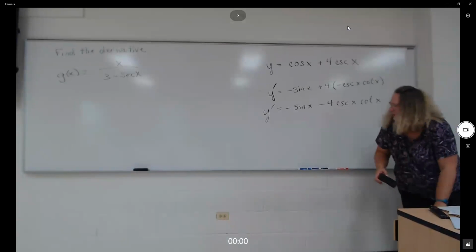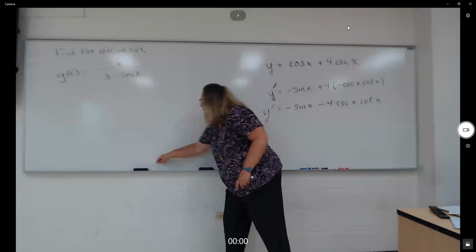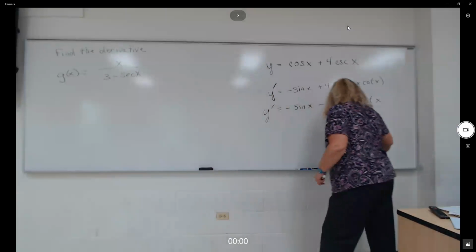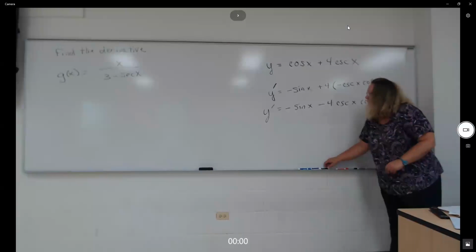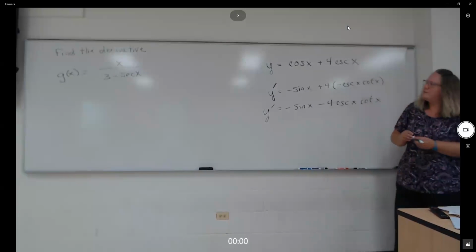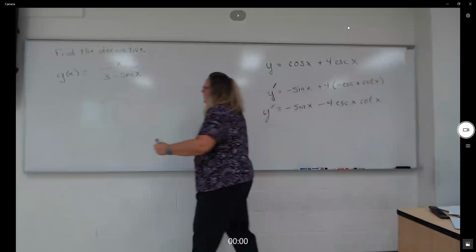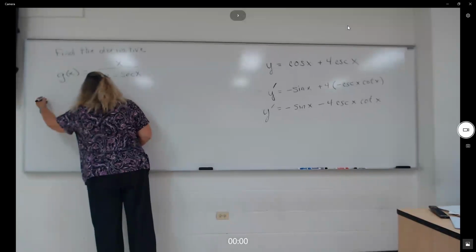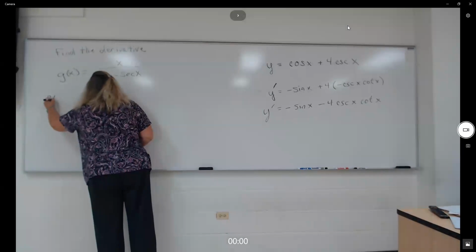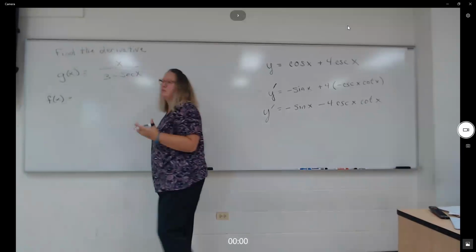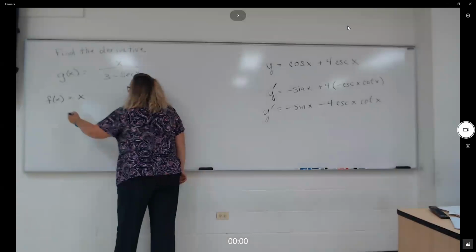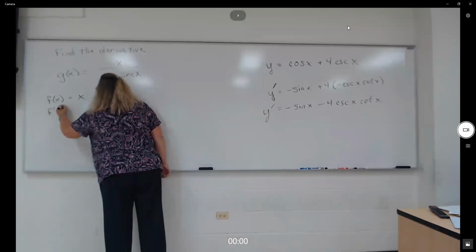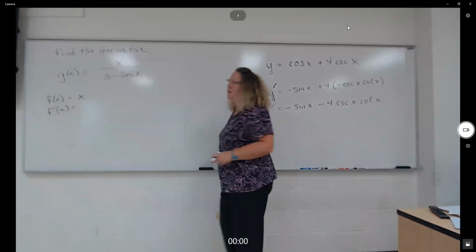All right, so what rule do we have to use here? This one we have to use the quotient rule. Good, very good. So let's go ahead and list. Our numerator, just remember in general, we're going to use f of x to represent the numerator. That is x, and its derivative is 1.